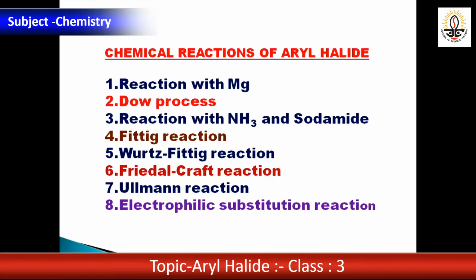Today we will discuss some chemical reactions of aryl halide: reaction with magnesium, Dow's process, reaction with ammonia and soda lime, Fittig reaction, Wurtz-Fittig reaction, Friedel-Crafts reaction, Ullmann reaction, and electrophilic substitution reaction.